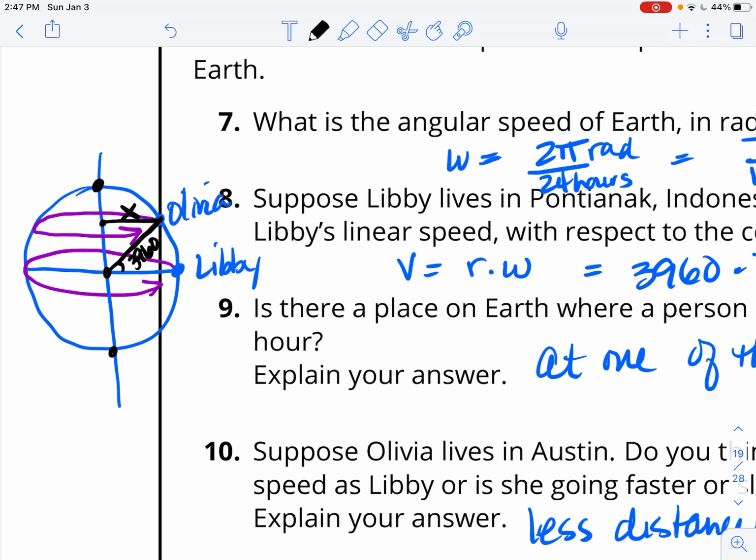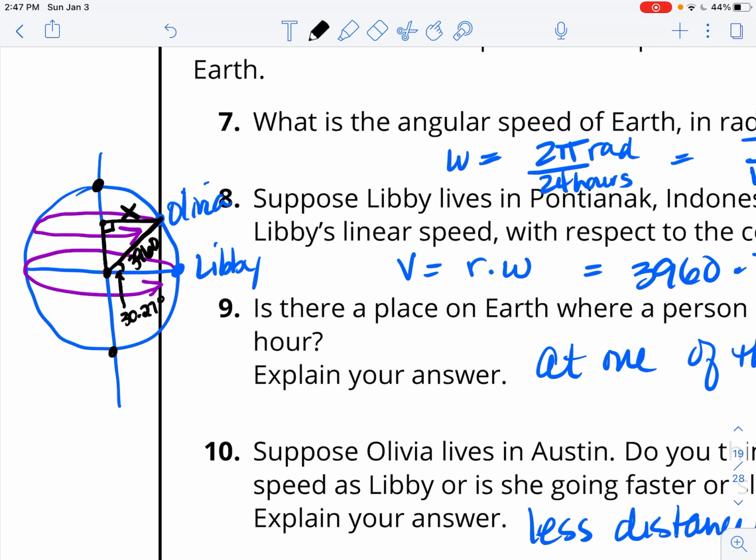Now we also know that Austin is at 30.27 degrees north. This angle here is 30.27 degrees north. I can draw in a right triangle because we're going to say that her radius is going to be perpendicular to the center vertical axis on which the Earth spins.